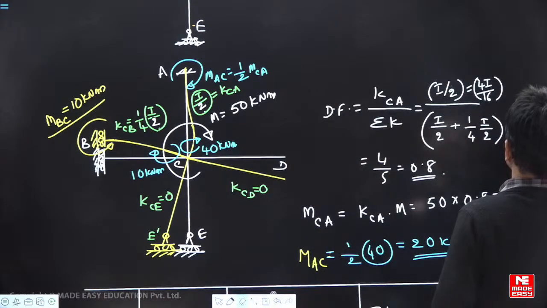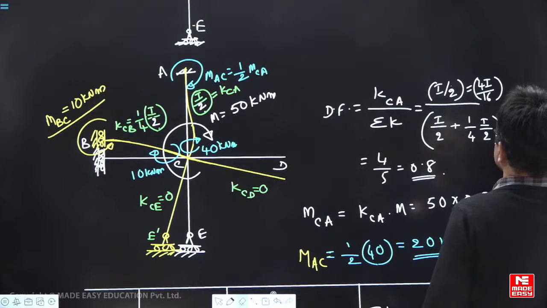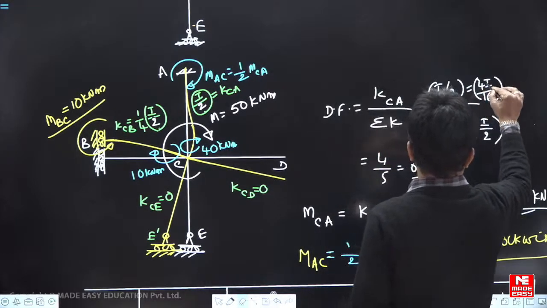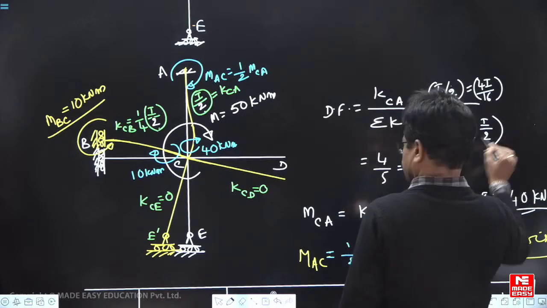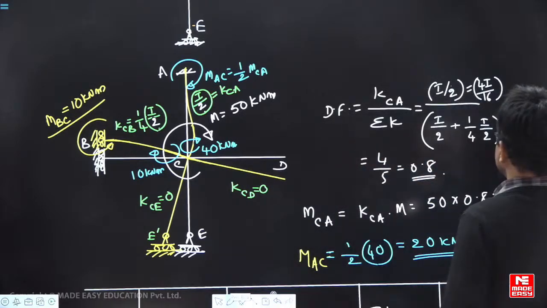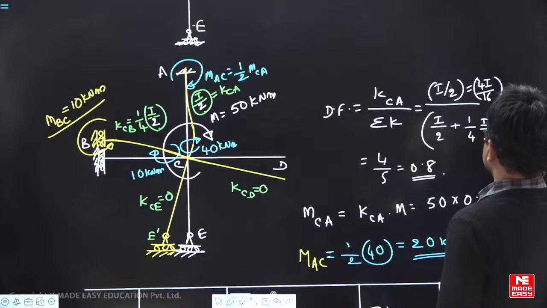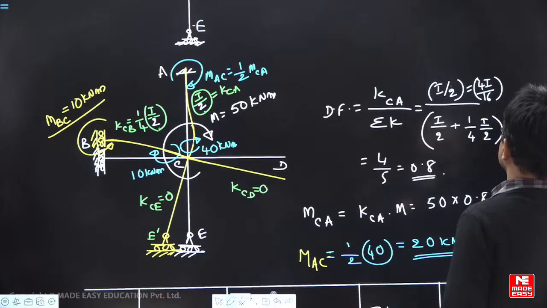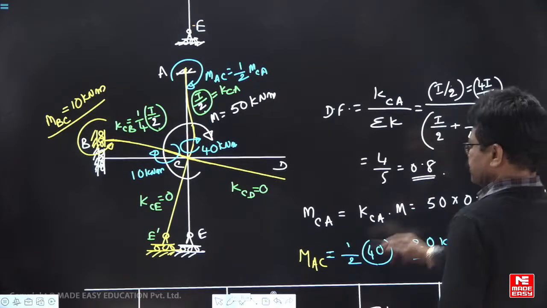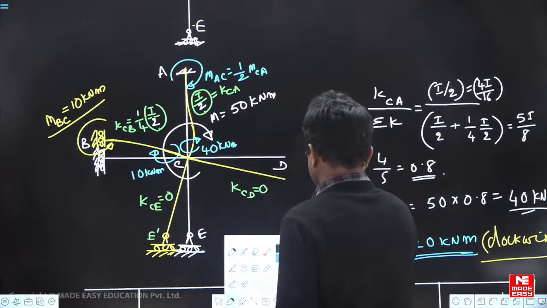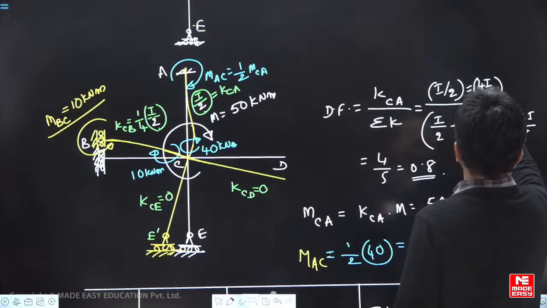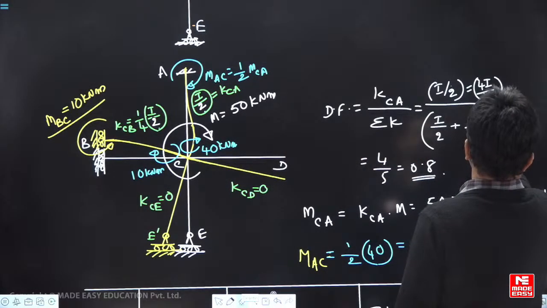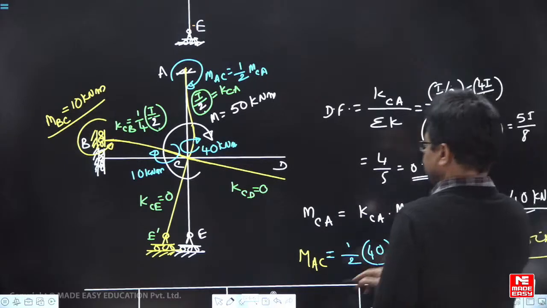This value now, the final result will not change, only 2 meters. This value will become 8 common, 5I by 8. This is 4I by 8.